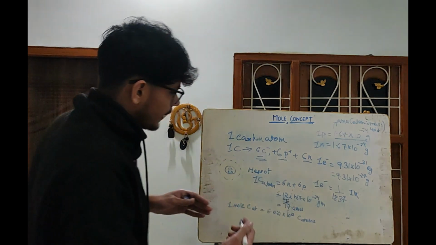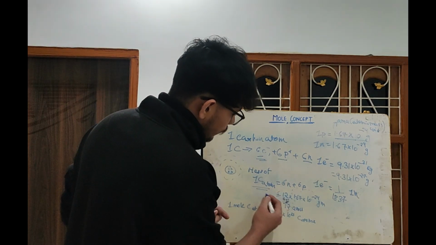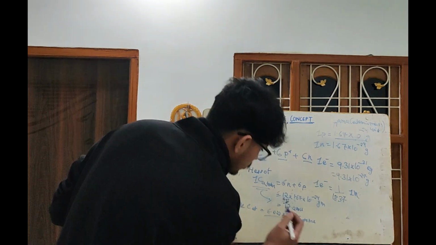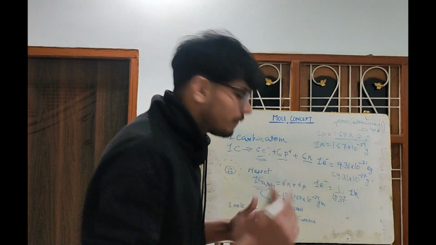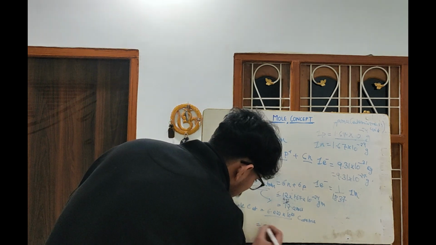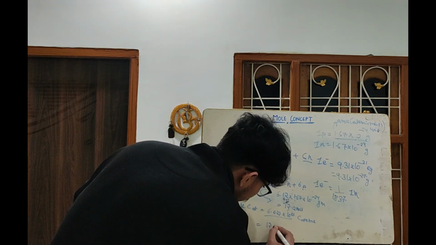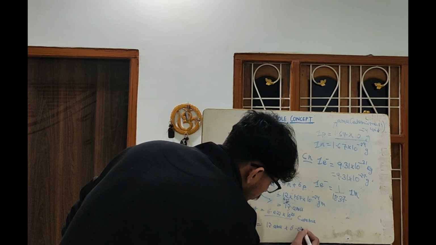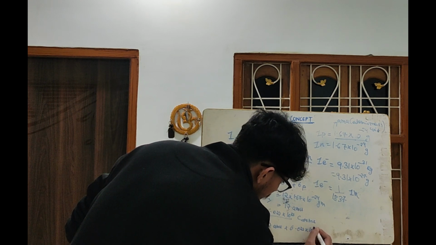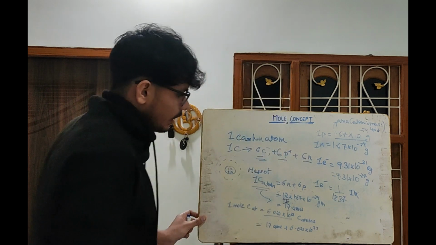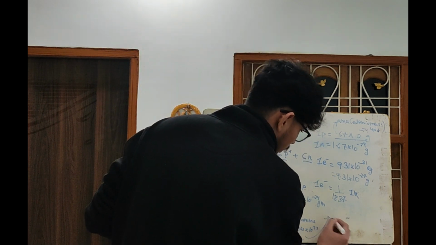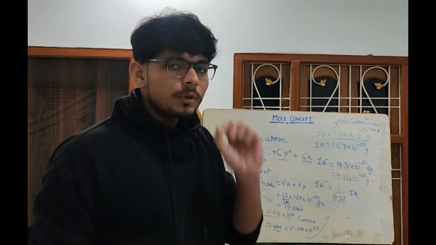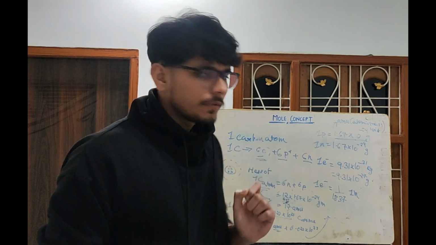So we can simply multiply now. One carbon atom weighs 12 AMU, so 6.022 times 10 to the power 23 atoms will weigh around 12 AMU times 6.022 times 10 to the power 23. Now this AMU, we know, is represented by 1.67 times 10 to the power minus 24 grams.